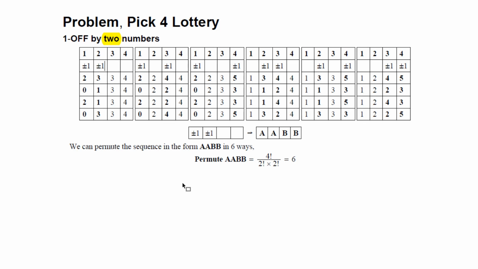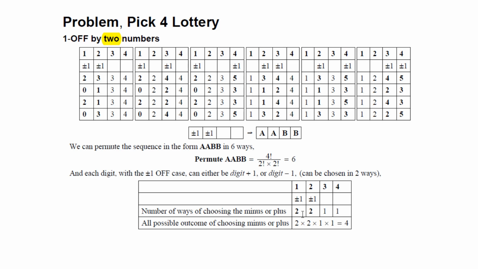And how can we get that? We can use the multiplication principle. This digit can be chosen in 2 ways, and this digit can be chosen in 2 ways. So 2 times 2 will be equal to 4 tickets here, and this is what we have done here. So we have 4 tickets, and how many tables?